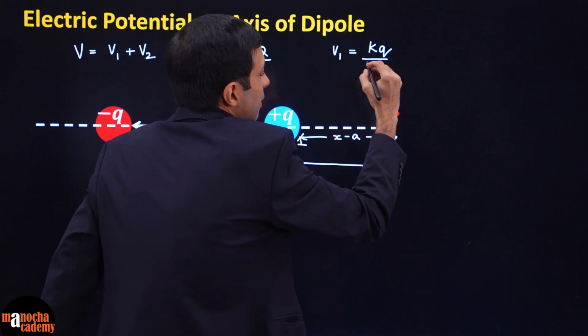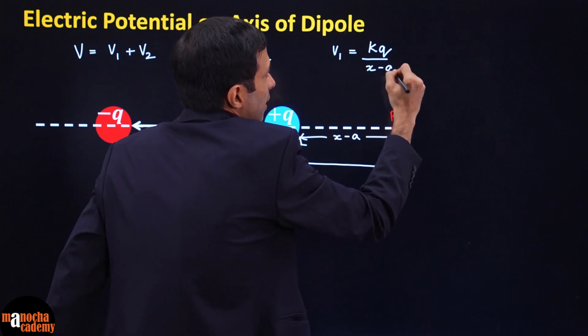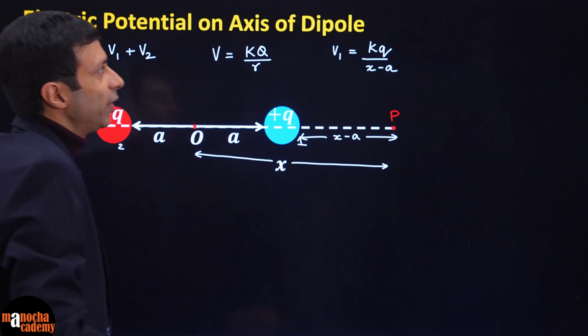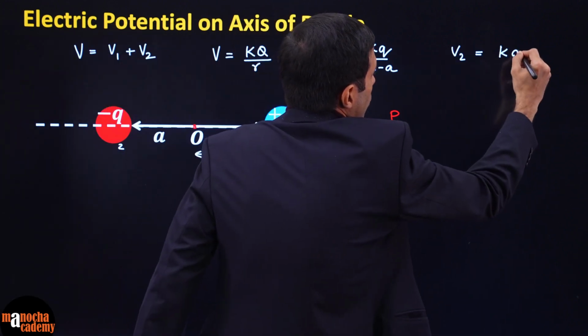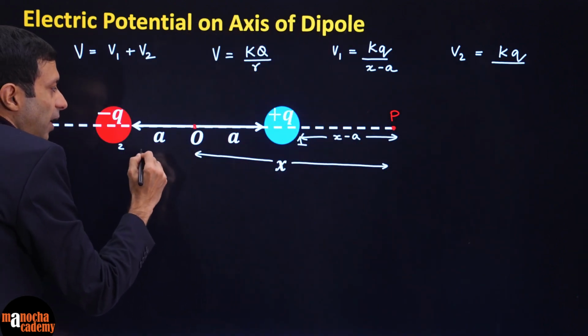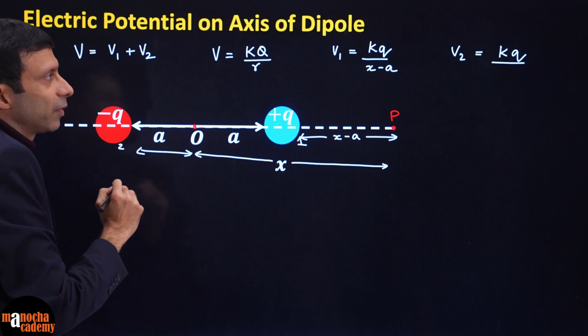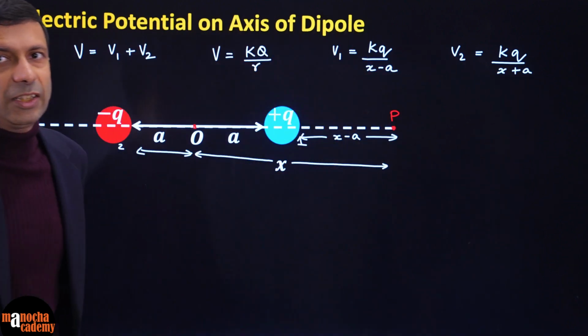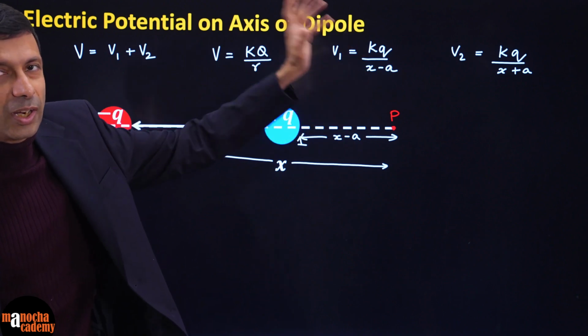So let's put that here. This is going to be x minus a. And what is the potential due to the negative charge, V2? V2 is going to be kq divided by this total distance, which is going to be x plus a. So you're going to add up this a as well, right? So divided by x plus a. That's it. We just need to combine these two to get the net electric potential at point P.